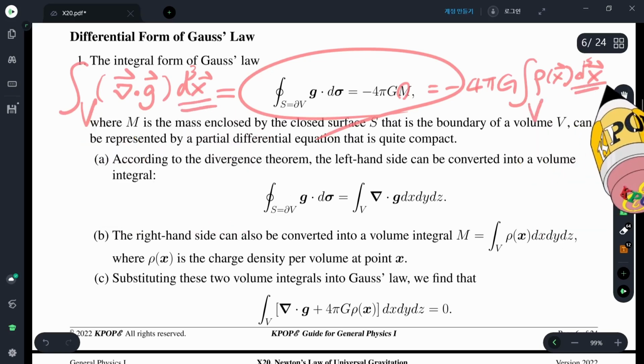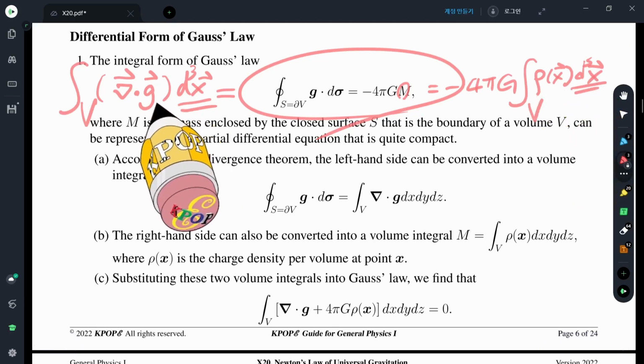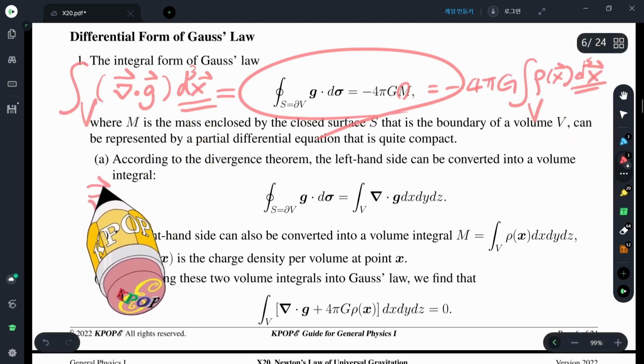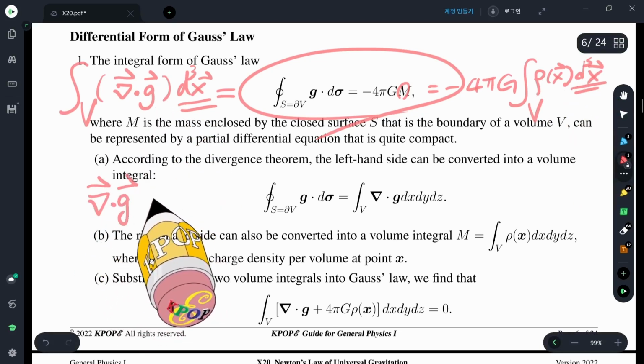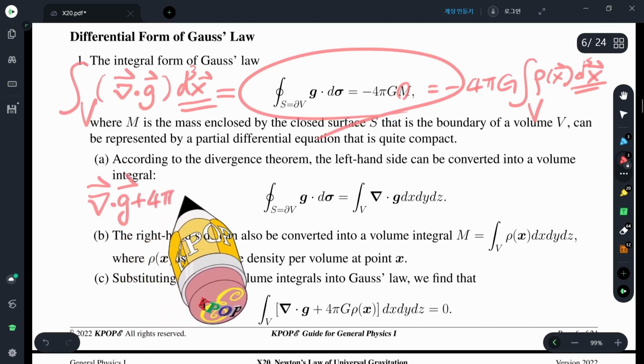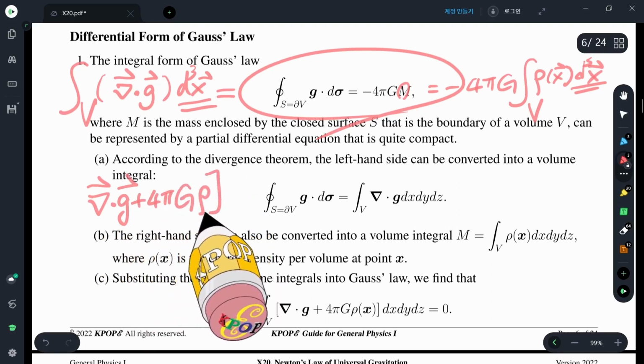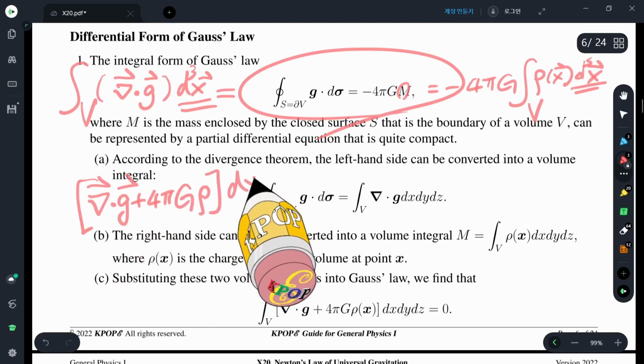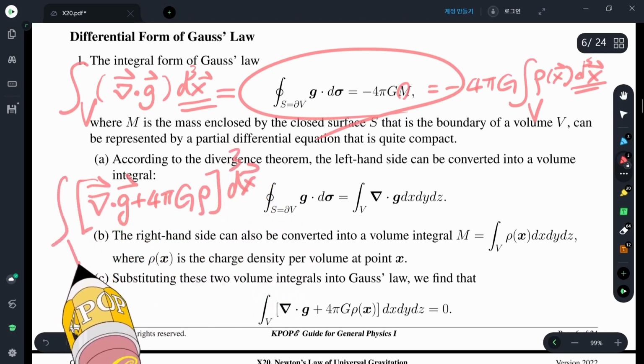They are the same. We can combine these two, and we have divergence G plus 4 pi G rho integrated over the volume.